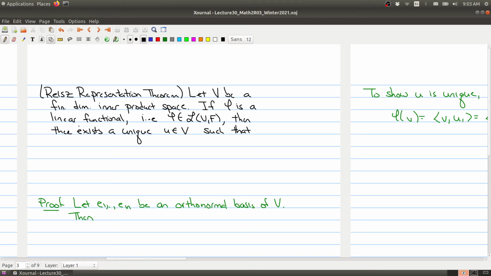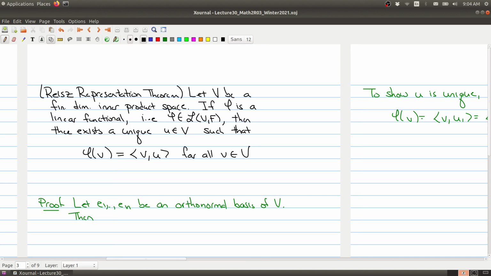If phi is a linear functional, which just means that it's a linear map from V to F, then there actually exists a unique element u in V such that phi of v is the same thing as taking v and applying the inner product with this fixed u, for all v in V.